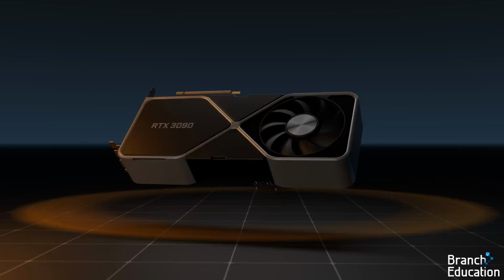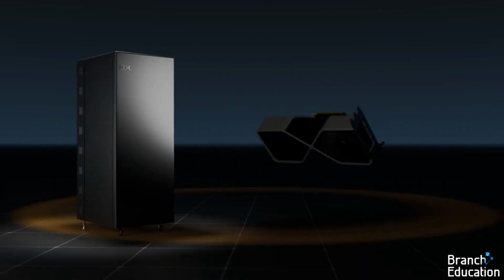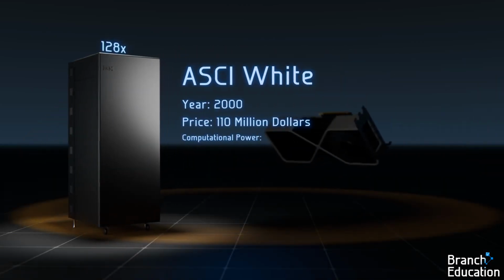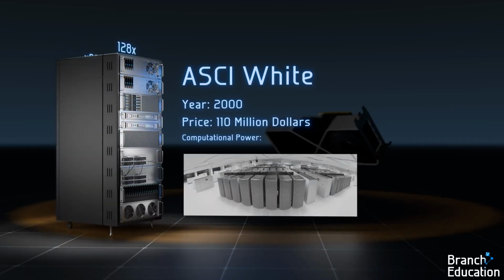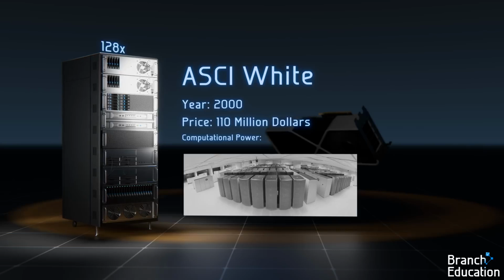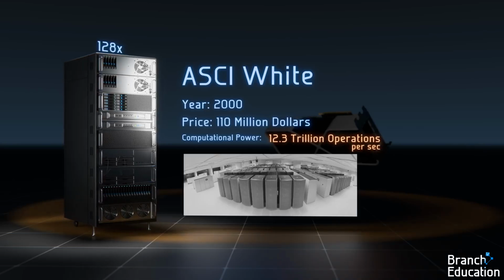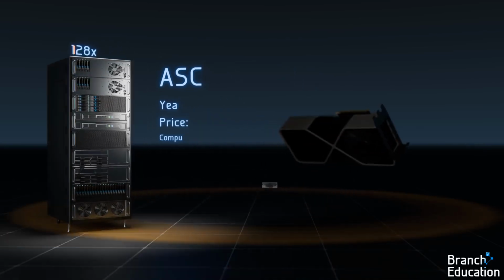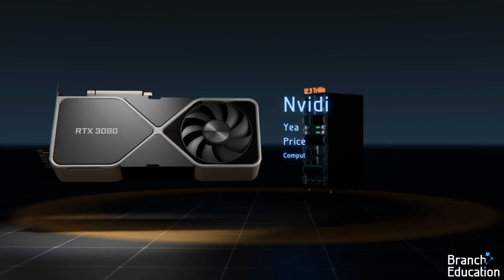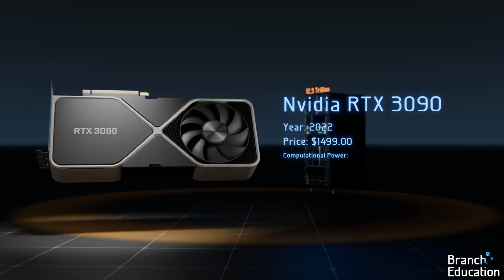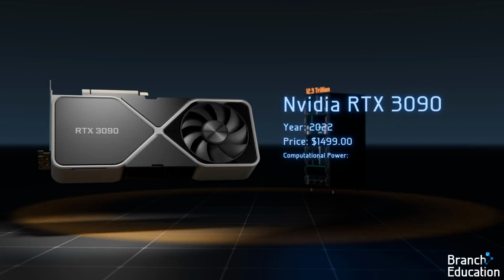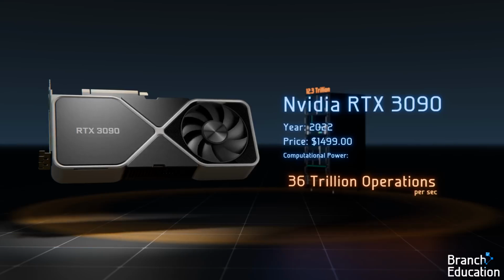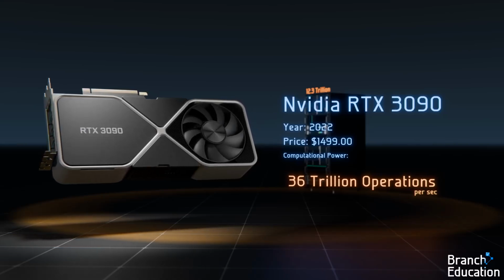One crazy fact is that the most powerful supercomputer in the year 2000 was the ASCII White, which cost $110 million and could perform 12.3 trillion operations a second. Compare this with the NVIDIA 3090 GPU, which cost a few $1,000s when it first came out in 2022, and the CUDA or shading cores perform 36 trillion operations a second.